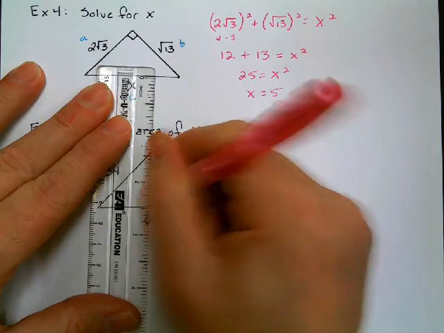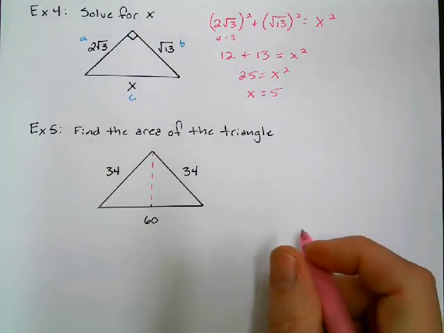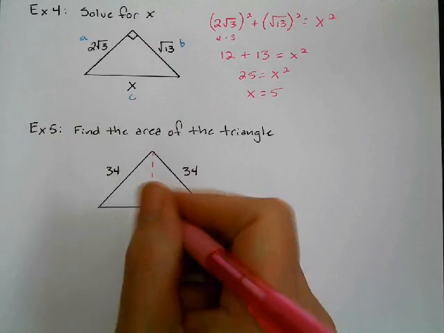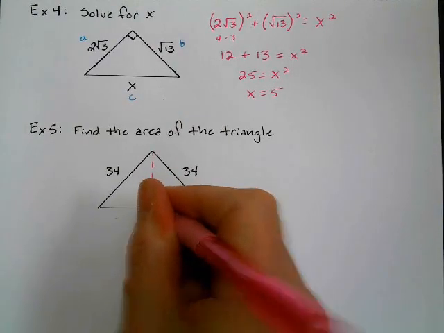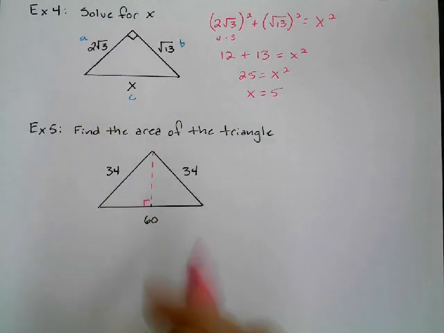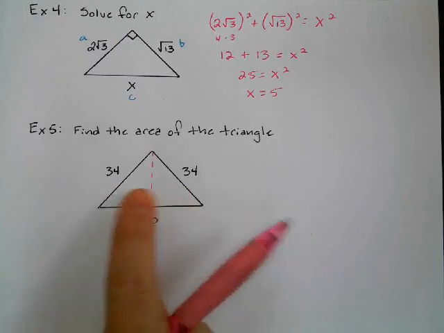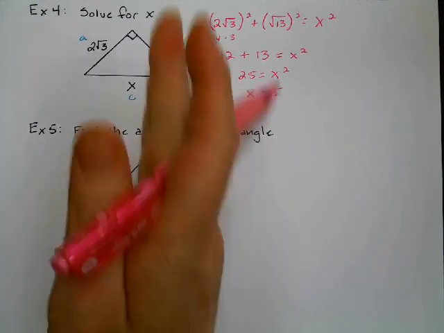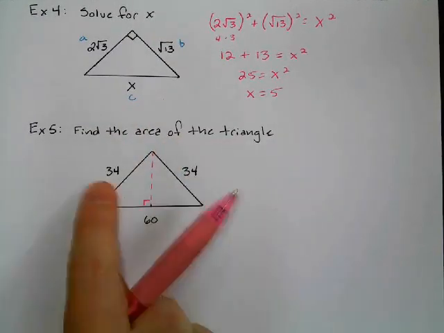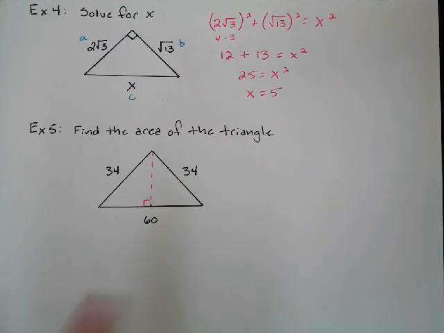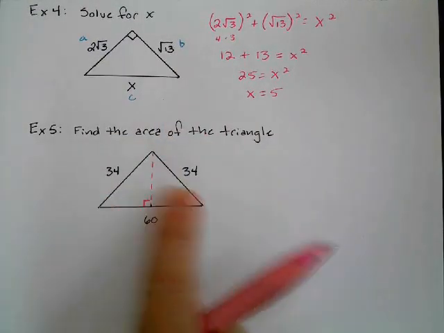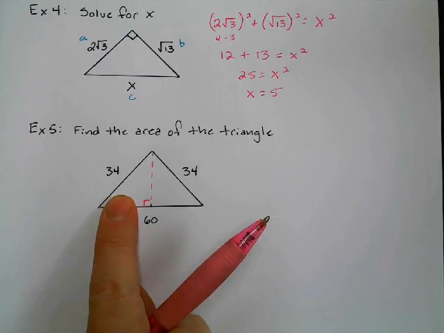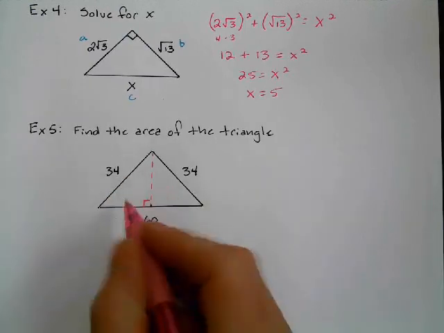If I split it in the middle, these two sides should be exactly the same, like a reflection. If I split an isosceles triangle right between the two congruent sides, we should get two congruent triangles. So this side of the triangle is 30, and this side is 30.